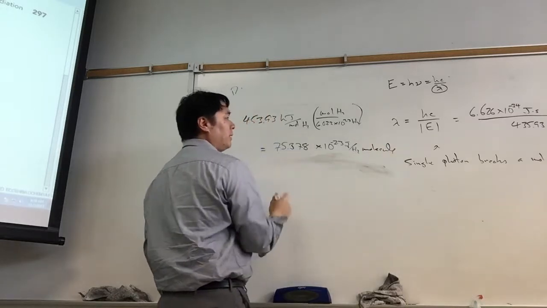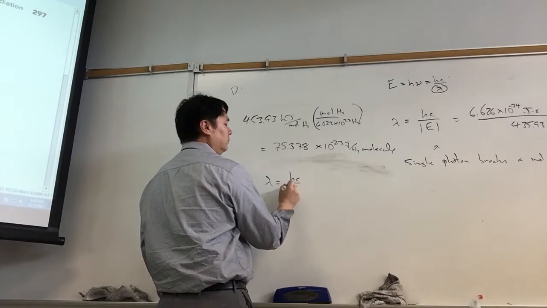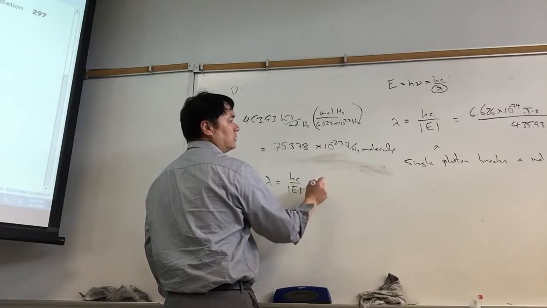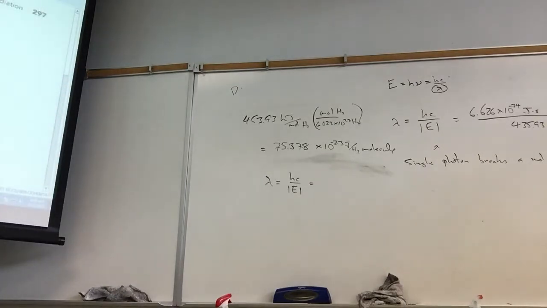All right, now when we plug that in, lambda is equal to hc over E, and we're going to get this. Let's go ahead and recalculate it. I'll take that number and divide by Avogadro's number. It's going to save me time. 4.557 divided by 6.022.